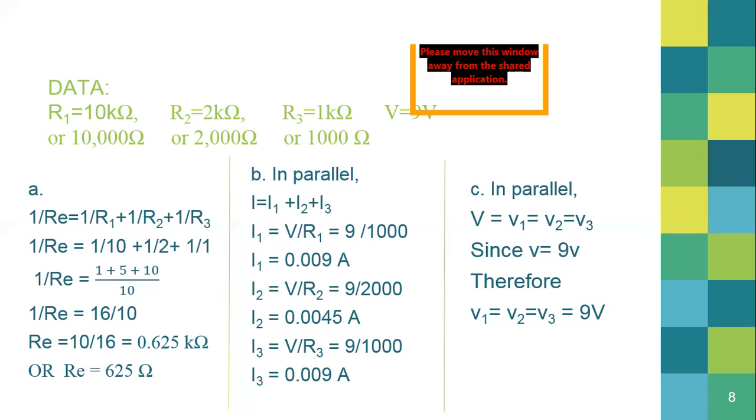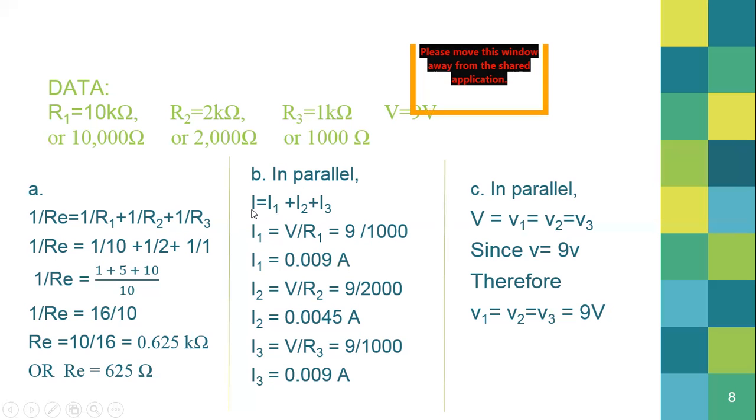Now multiply 0.625 kilo ohm by 1000, and the answer becomes 625 ohm. Now the second part is to find the current in the parallel combination. We have learned that the current in a parallel combination is different in each resistor, but the total current is equal to the current of the battery.